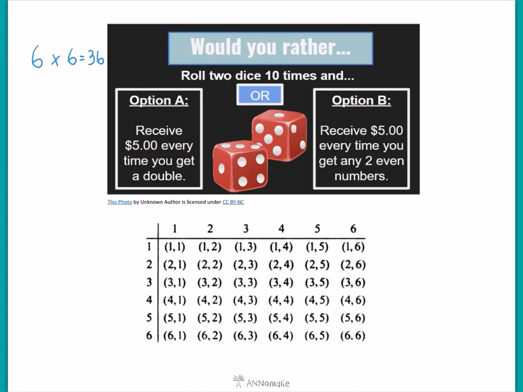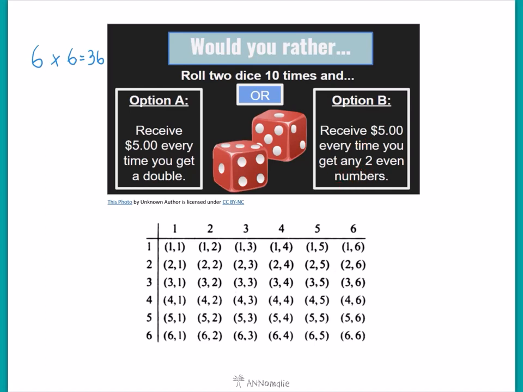36 different outcomes. So, in this fun question, if I roll 2 dice 10 times, which option would you rather have, and which will be more beneficial? Receive $5 every time you get a double, or receive $5 every time you get any two even numbers.